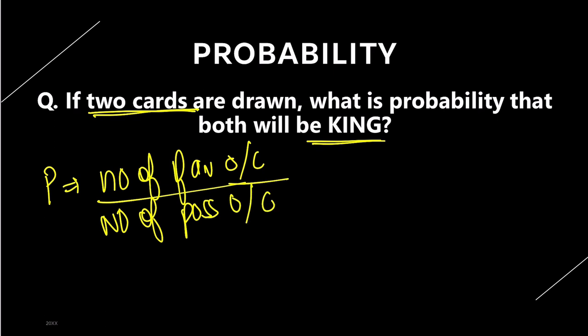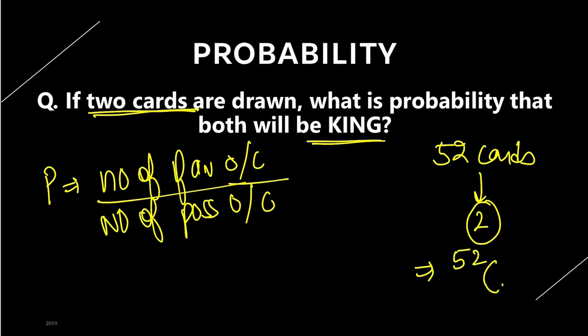So now I'm taking you back to permutation and combination. Now, without even thinking about king, there are total 52 cards. Pick any two cards from it. Don't think about the king till now. What are the ways of choosing two cards out of 52? 52C2.